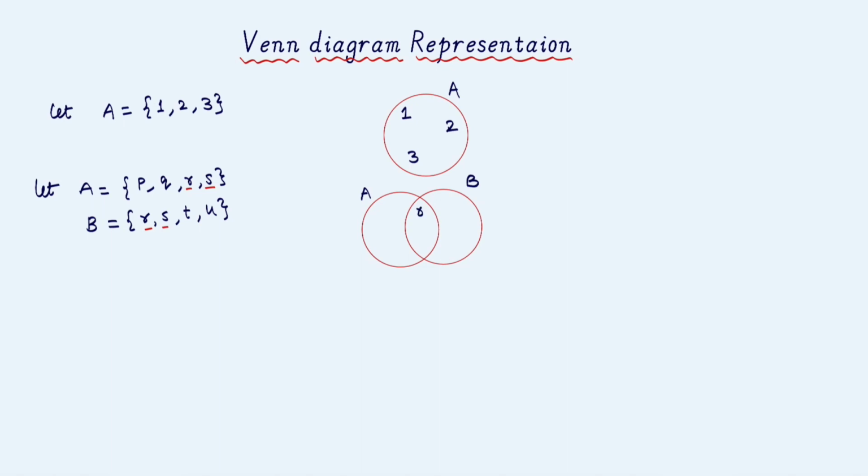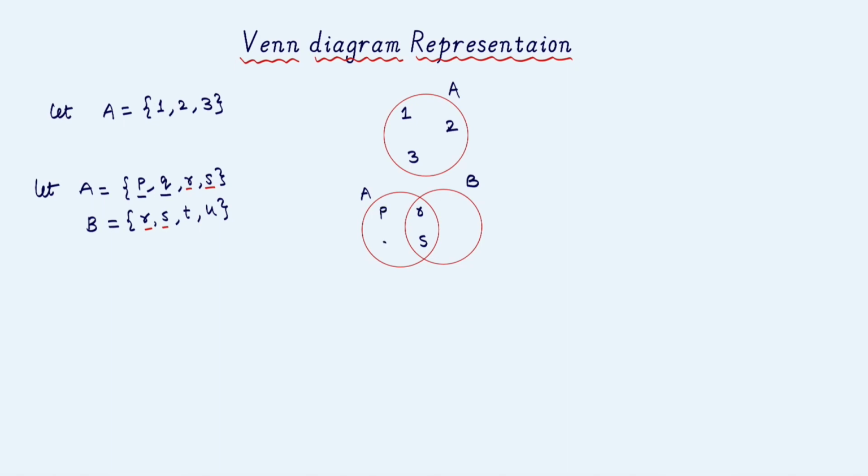Now in circle A we have already written R and S. What are the elements that are left? P and Q are left, so P and Q should be written here.